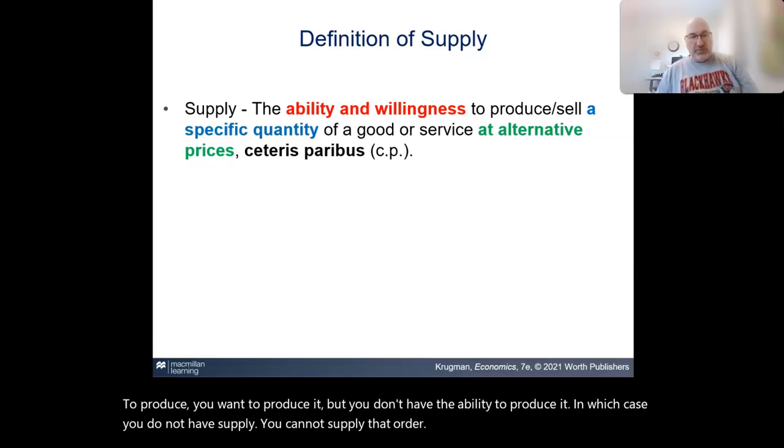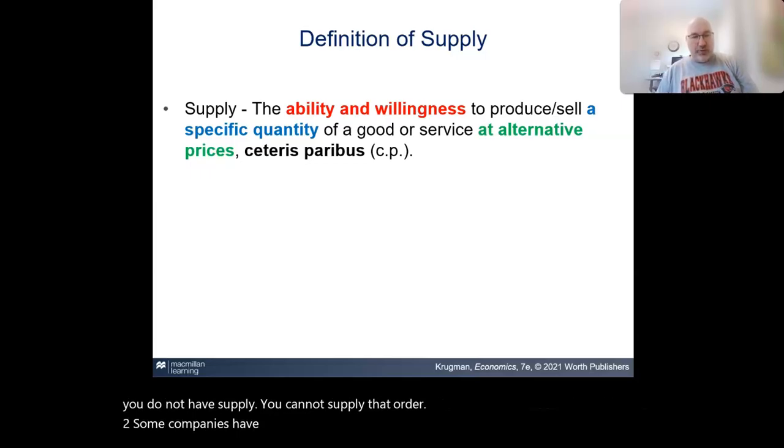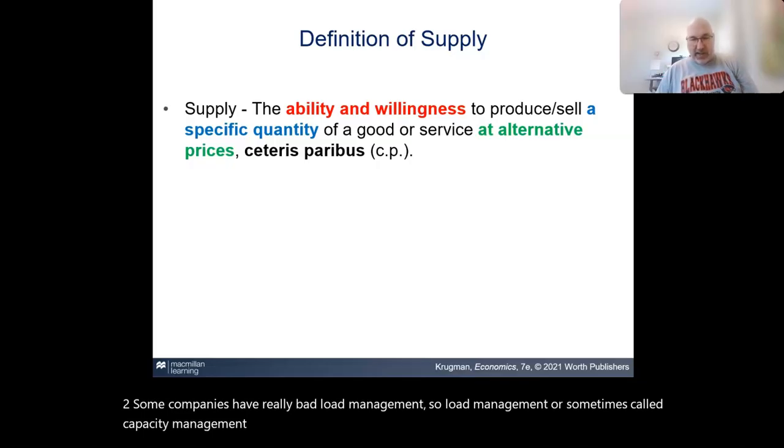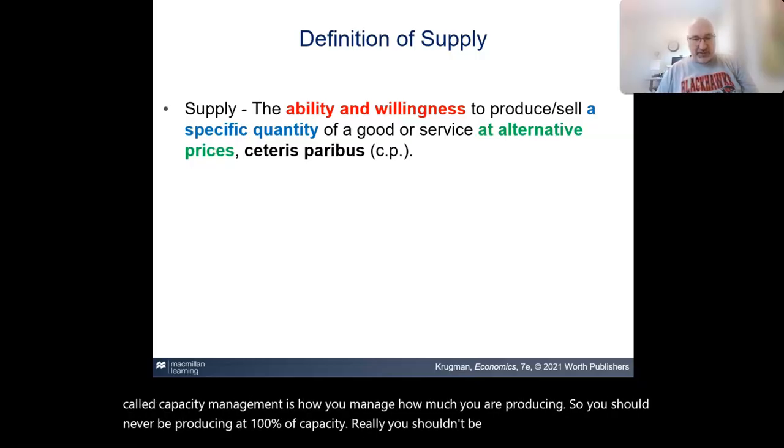Two, some companies have really bad load management. Load management, or sometimes called capacity management, is how you manage how much you are producing. You should never be producing at 100% of capacity. Really, you shouldn't even be at 95% capacity.